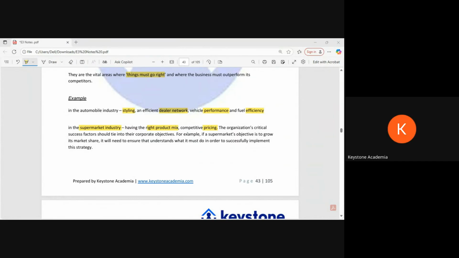Value for money can be our CSF. Maybe that is more like a value. Okay. Maybe safety. Safety was a concern, and still some people think EV cars can be dangerous, they can catch fire easily.